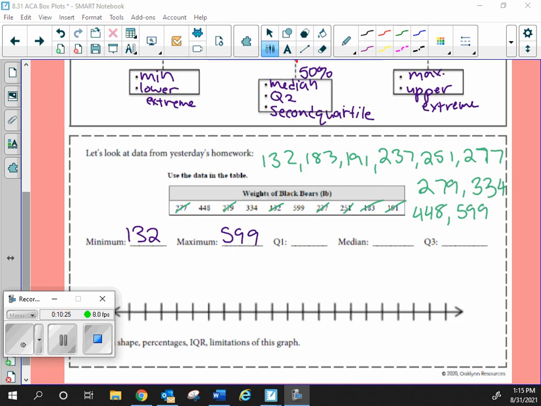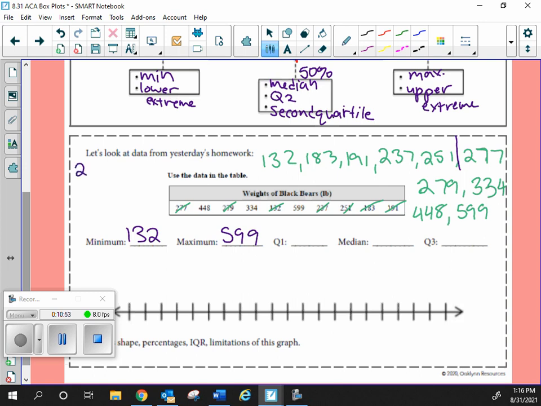Okay, where's it splitting, class? Right here? Okay, let's double check. There's 1, 2, 3, 4, 5. There should be how many on the other side? 1, 2, 3, 4, 5. Very good. When I split those two numbers, what do I need to do? Juliana, I need to add those two numbers.